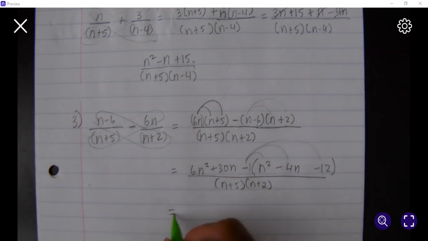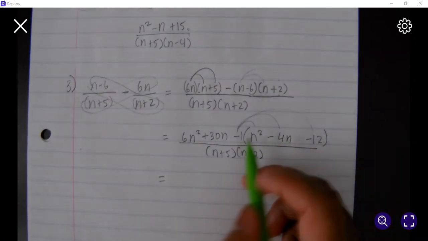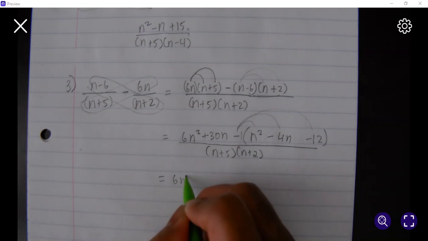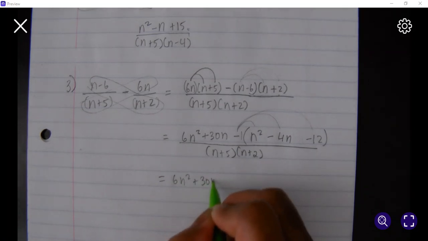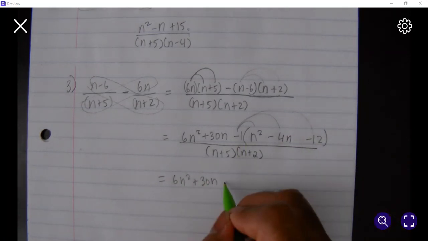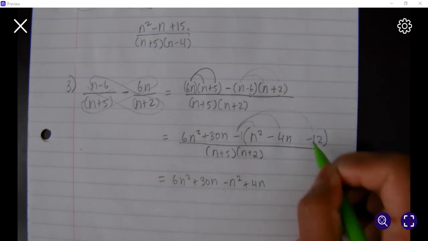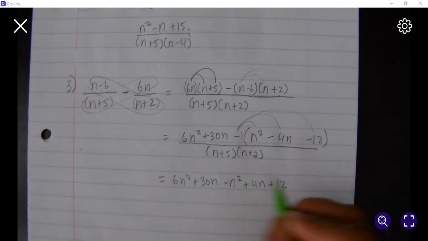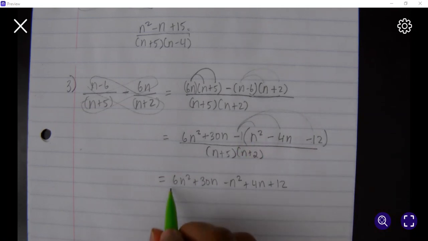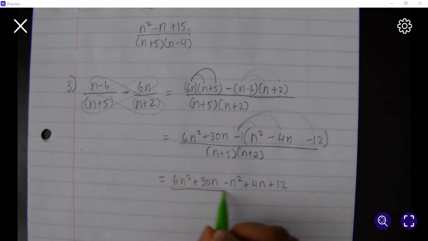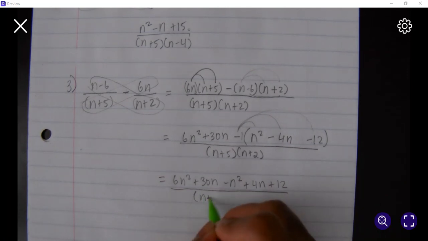Okay, and then I'm going to go ahead and distribute this. So let me just bring this down because I'm not changing anything here. I'm just changing this here. So you have negative n squared plus 4n plus 12. Now that I got rid of that, I distributed that negative. And then bring this down.